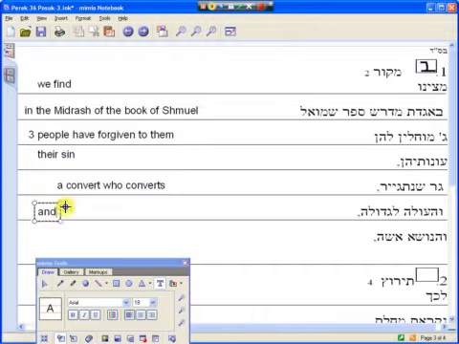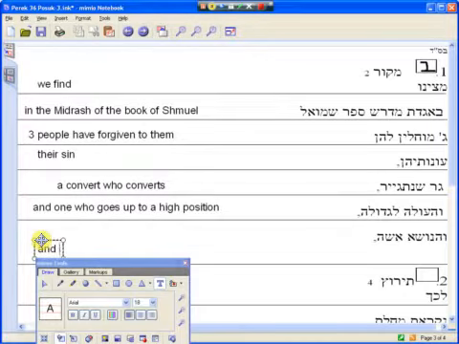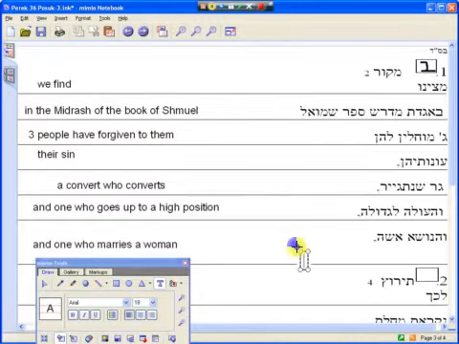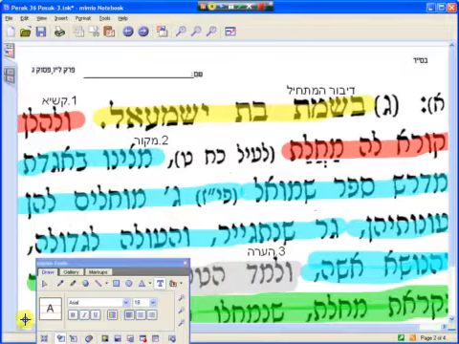The Ha'ola Ligdola, and one who goes up to a high position. The Hanoisa Isha, and one who marries a woman. That's the mocker.